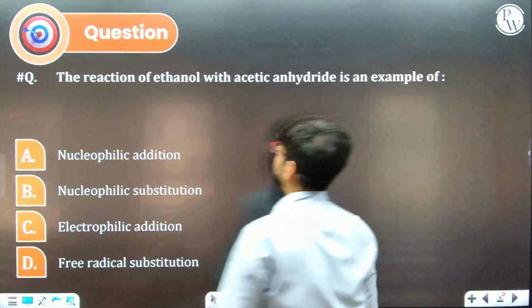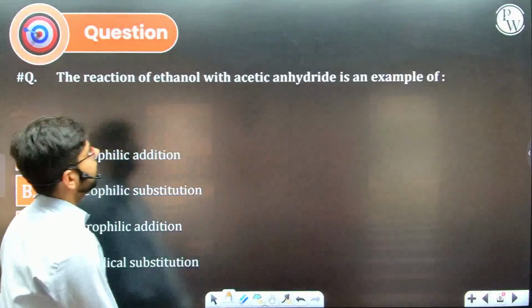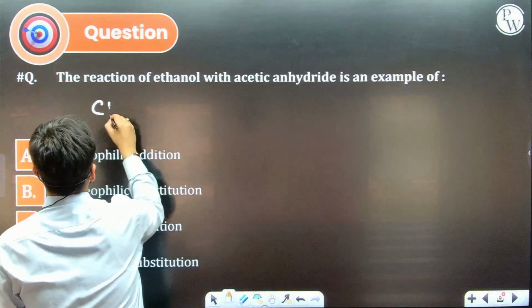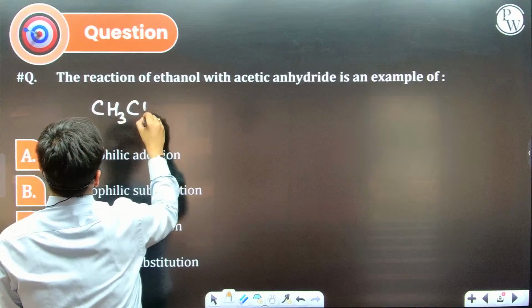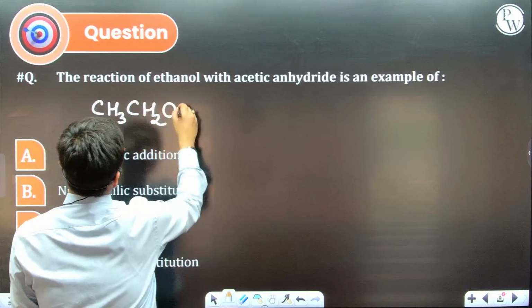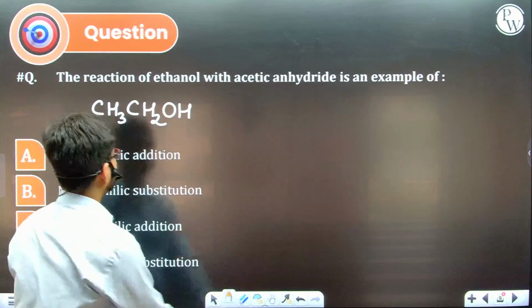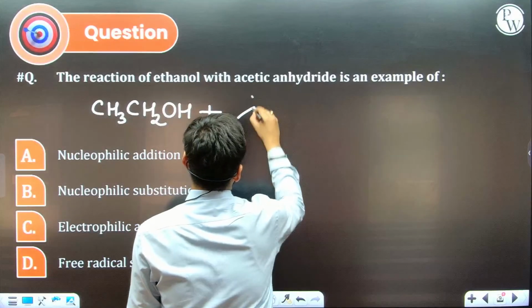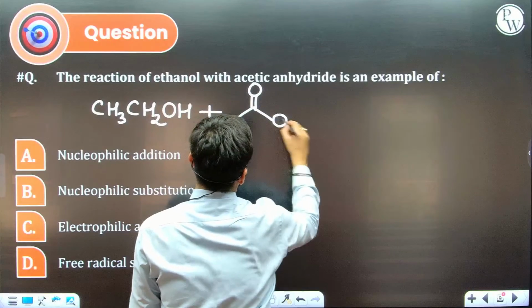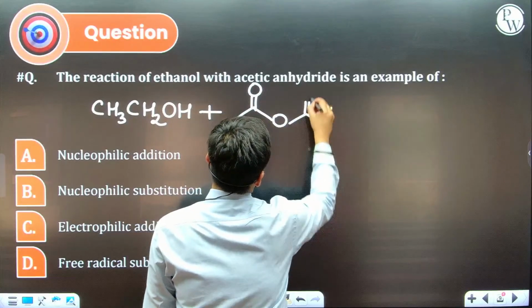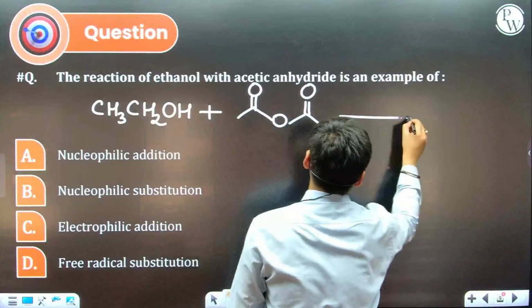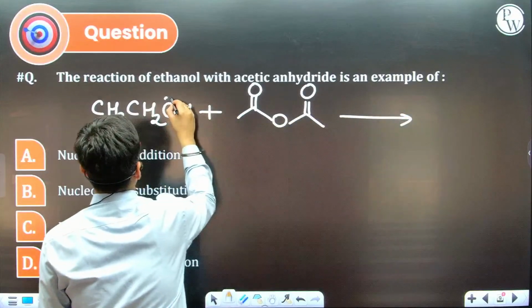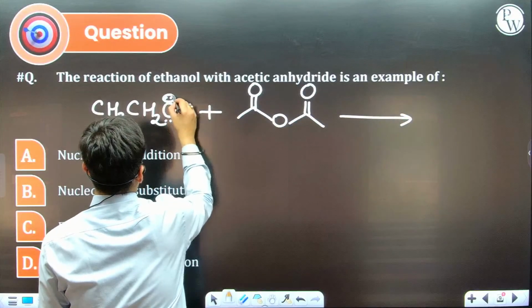The reaction of ethanol with acetic anhydride is an example of, let's see. This is ethanol. And acetic anhydride is this. A similar thing will happen. Ethanol is acting as a nucleophile.